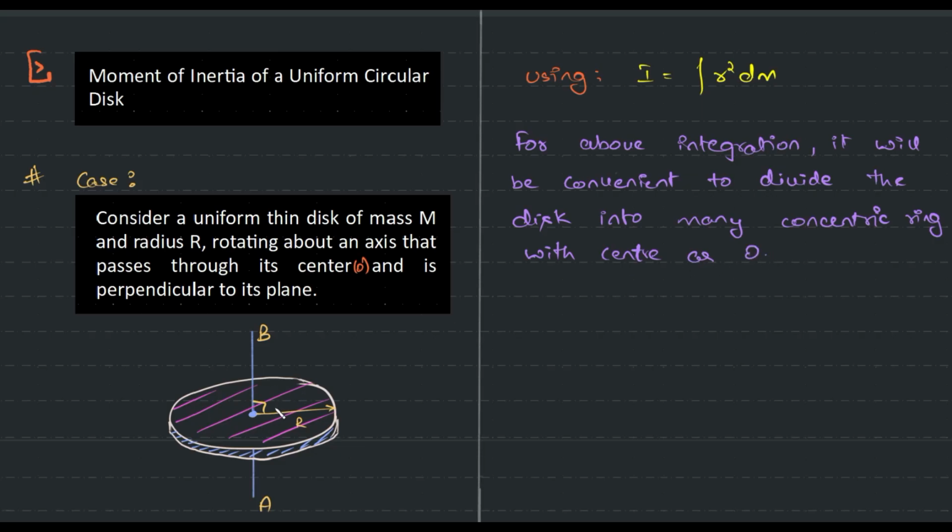So basically what I'm trying to put over here is, we are considering a small ring, something like, no, not that actually. Let me do this. Yeah, that would be better. Cut, paste, and we have this to be the center. This is of radius x and width is dx.